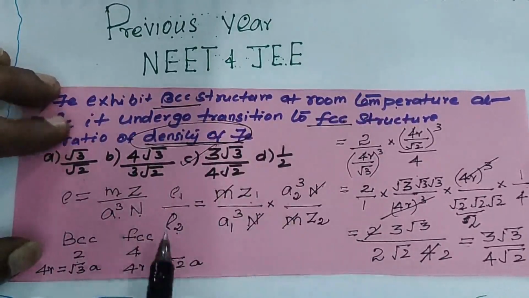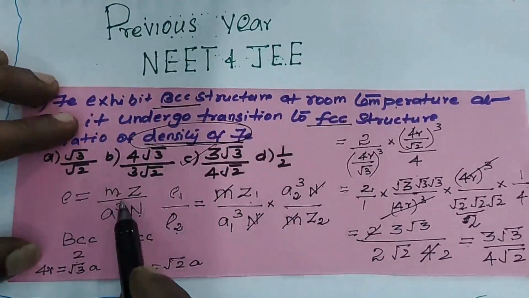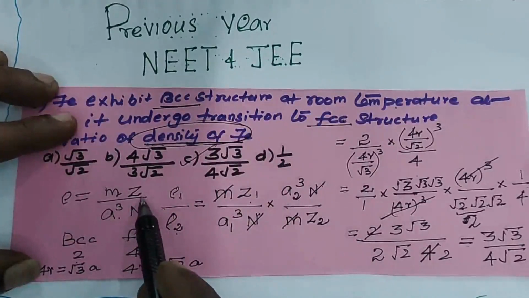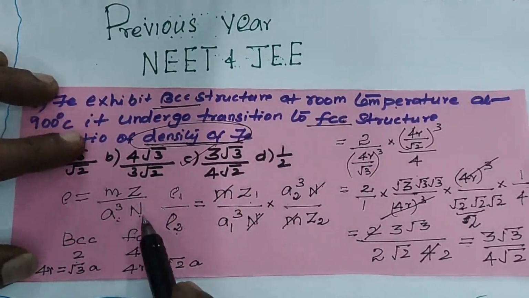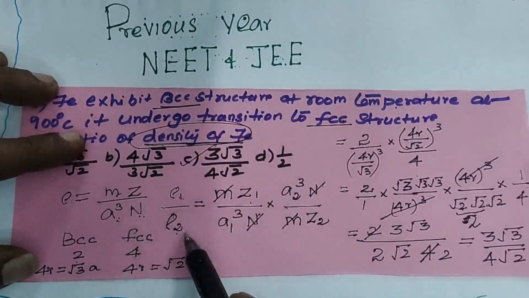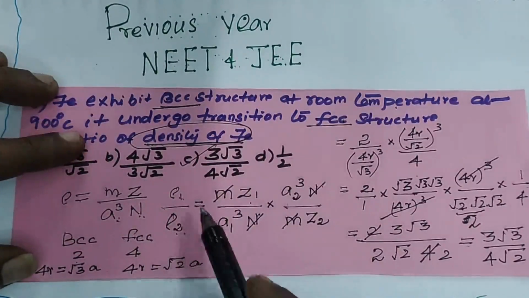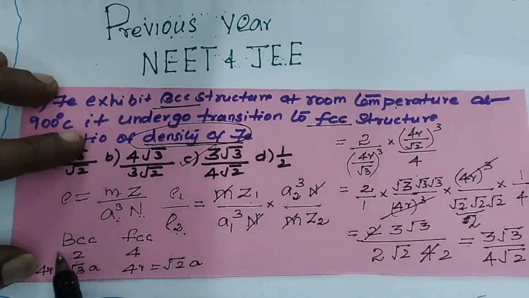Once again, density is mass into number of atoms per unit cell divided by the volume, a cube, into Avogadro number. Here the ratio of the densities is calculated.